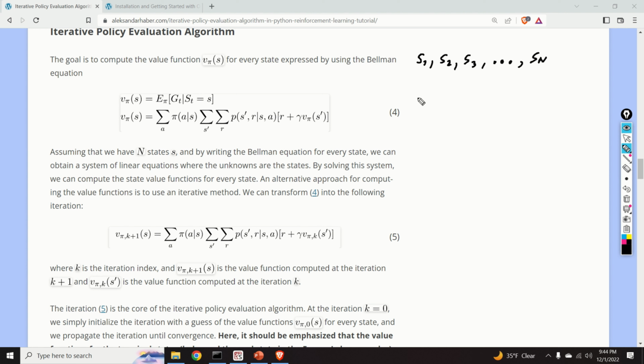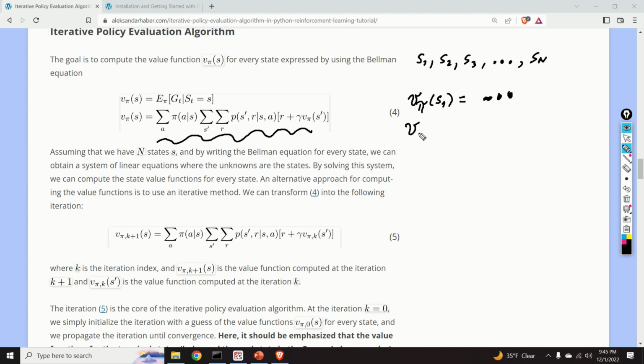For example, for the state S1, we can write the value function V pi at the state S1 is equal to the right-hand side. For simplicity, I'm not going to write the right-hand side. It's important to note that the right-hand side will again be a function of the value function.